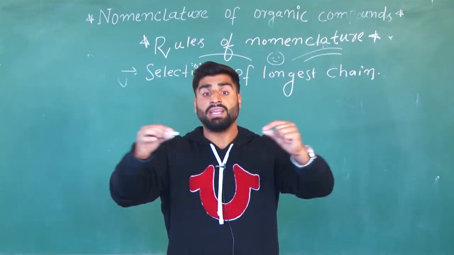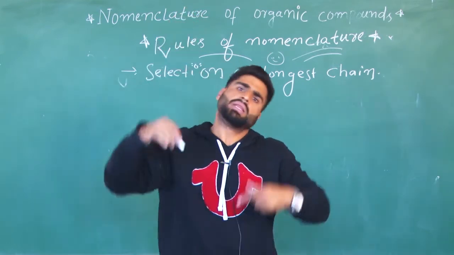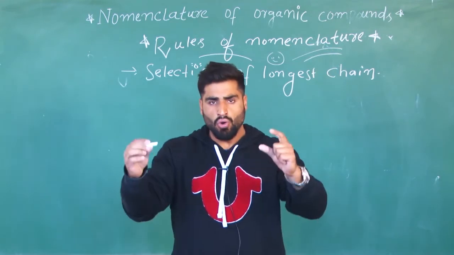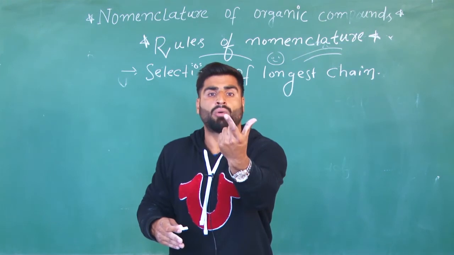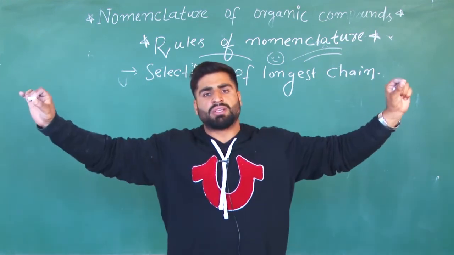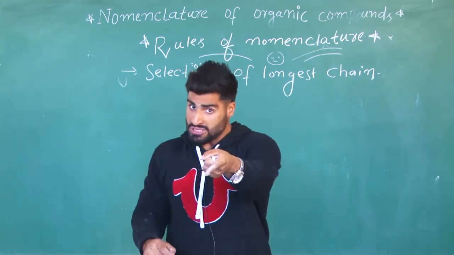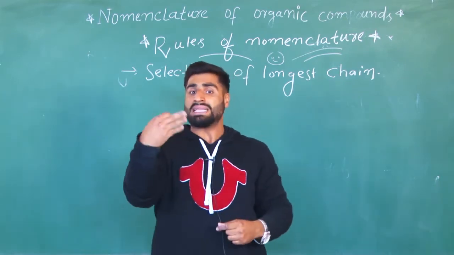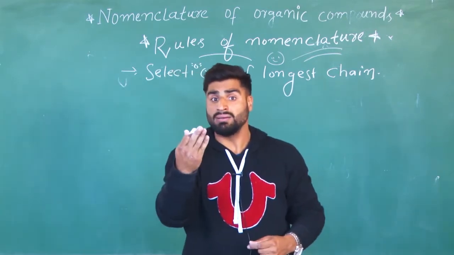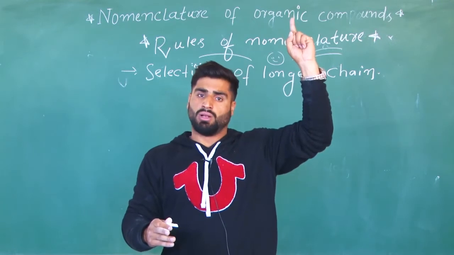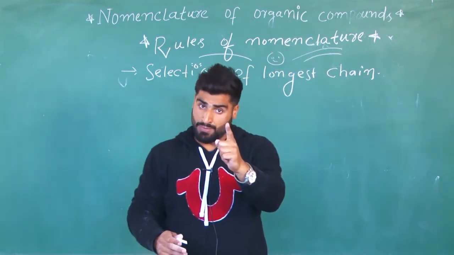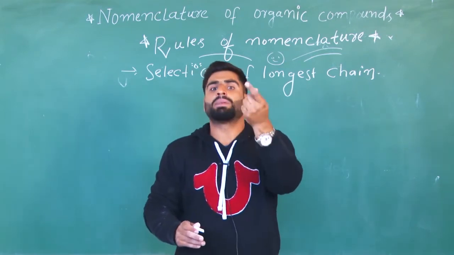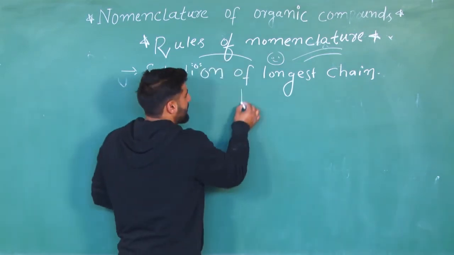They may be linear, branched, or cyclic. So if we are supposed to name an organic compound that contains long carbon chains, the first rule is that you have to select the longest possible continuous carbon chain. That longest possible continuous carbon chain is known as the principal chain.